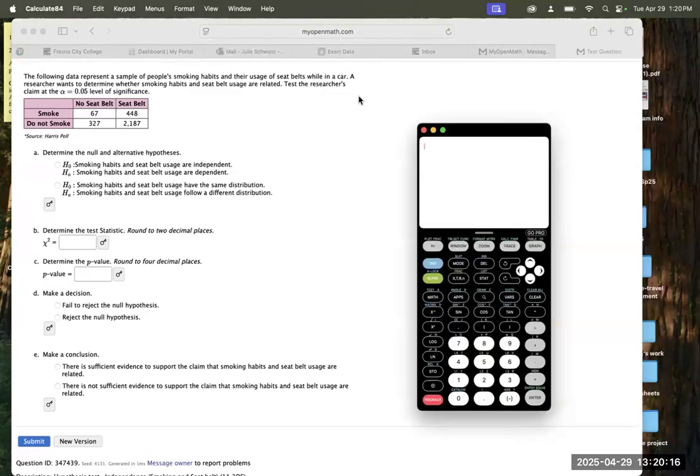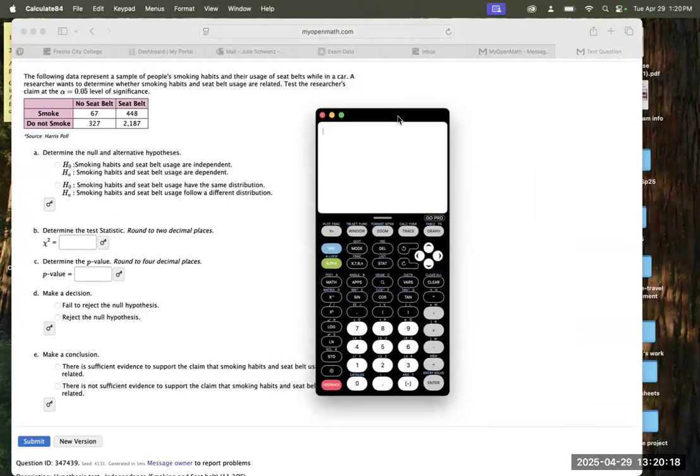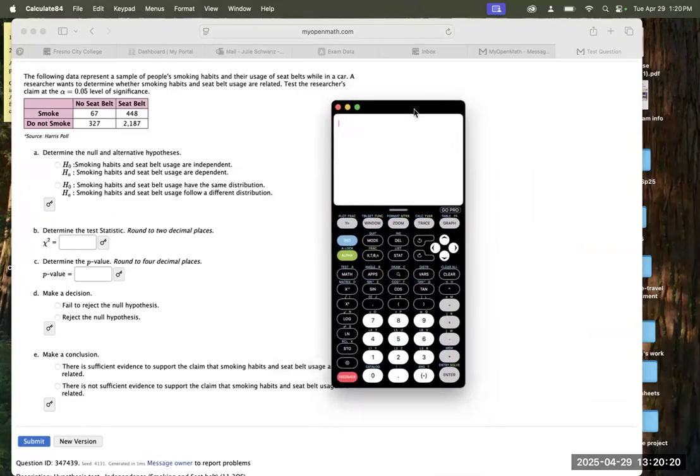To do this test, we're going to use a chi-square test. So this is a calculator very similar to our TI-84. I click on stats.